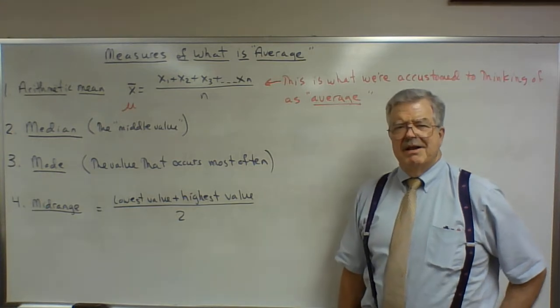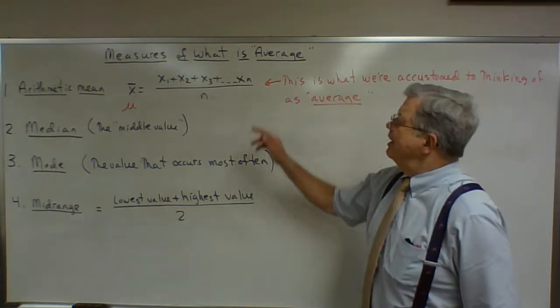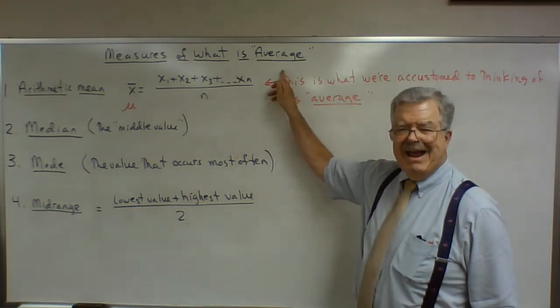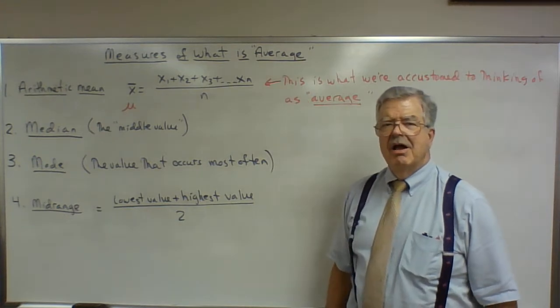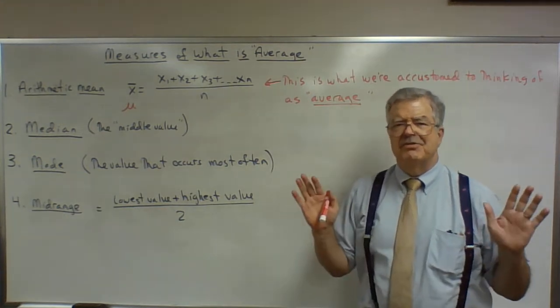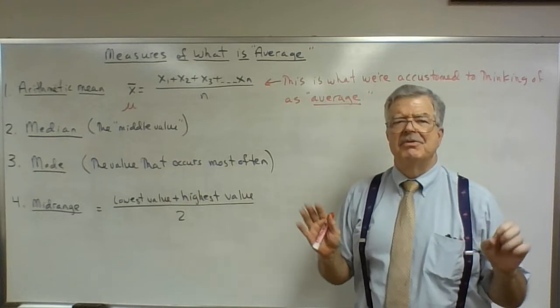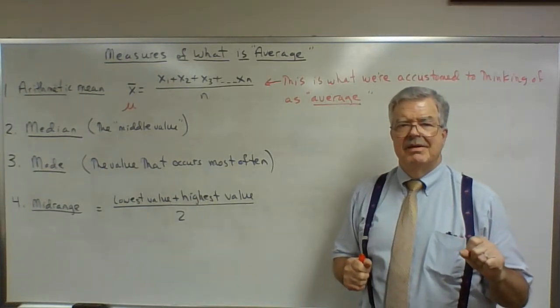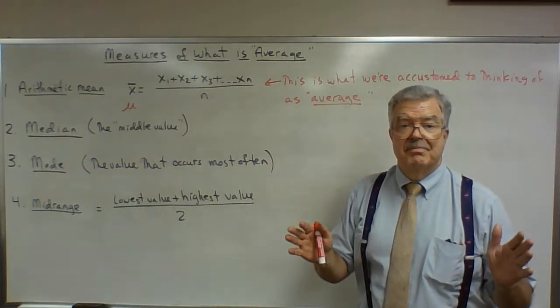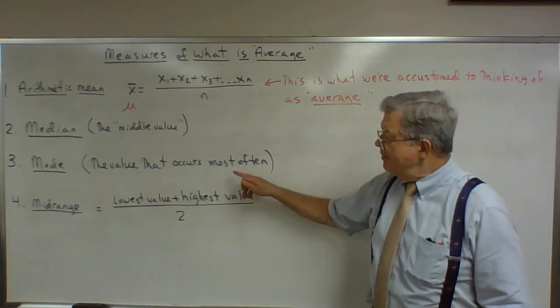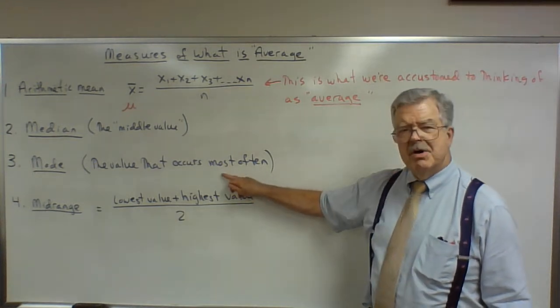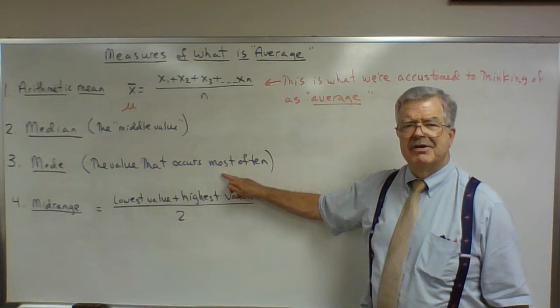And think about it. When we talk about what is average, one of the things that we sort of associate with something or somebody who's average is that they're typical. Well, maybe that's why we use the mode as a measure of what's average.